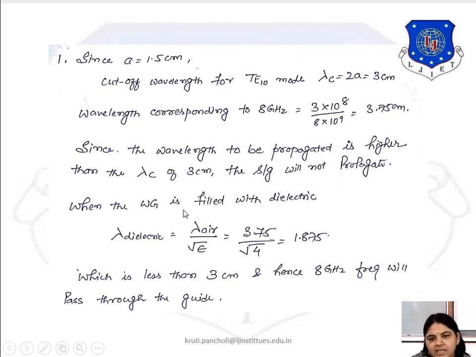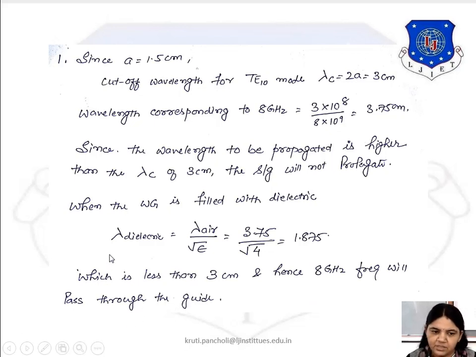When the waveguide is filled with the dielectric, lambda dielectric is equal to lambda air upon square root of epsilon. This lambda air value, 3.75, over square root of 4, is equal to 1.875, which is less than the 3 centimeter, and hence the 8 gigahertz frequency will pass through the waveguide.